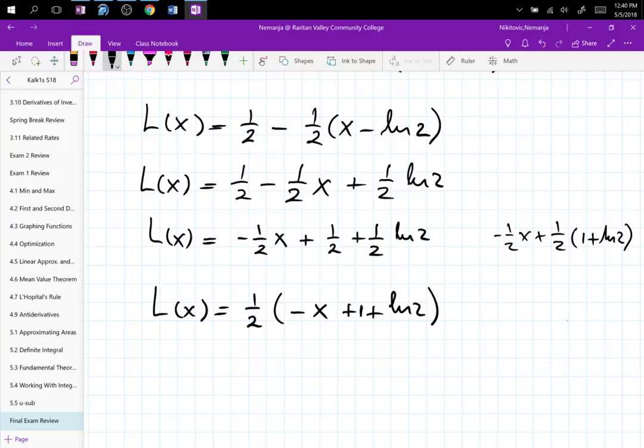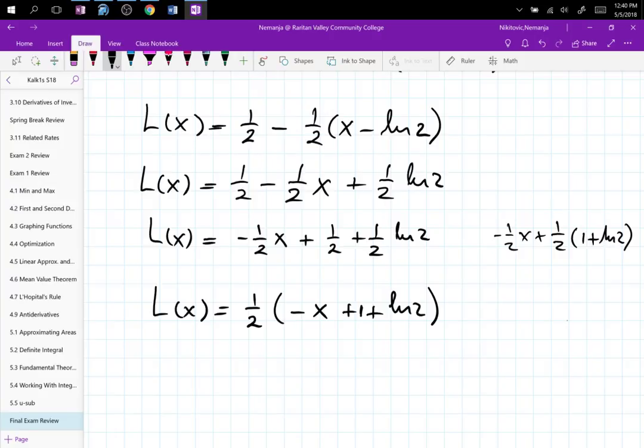Now, if you are to take any of these over here and plug in 0.8 or let's say 1, whatever is close, right, to 0.8, if you plug in those values for x in any of these, and then you compute e to the negative, let's say 0.8, you are going to get two numbers that are very close, because this linearizes around ln 2.